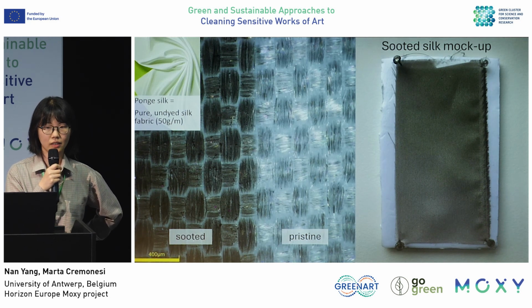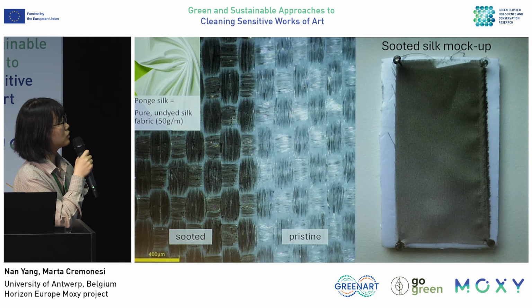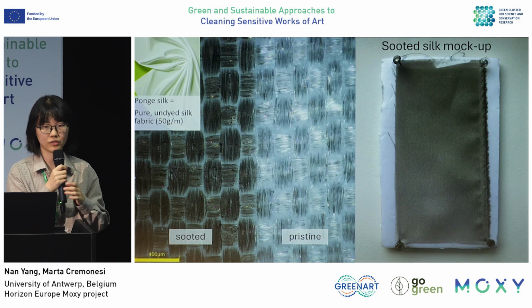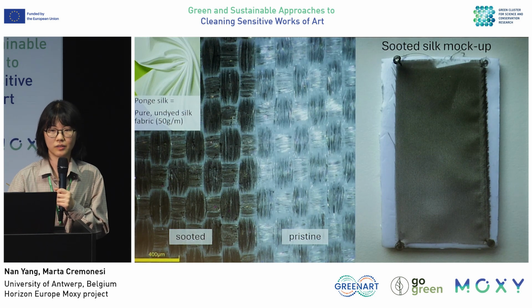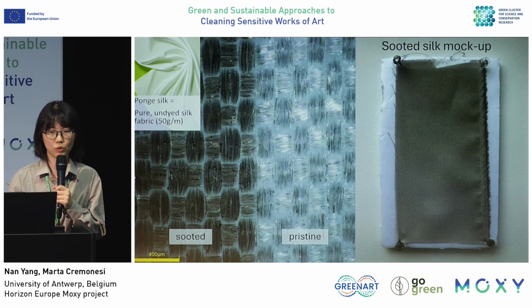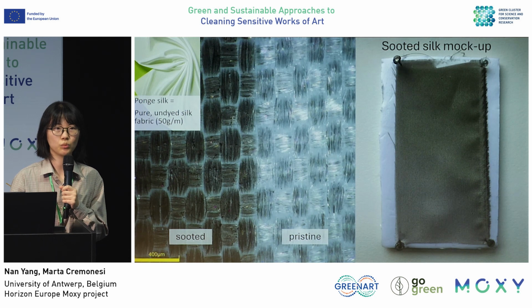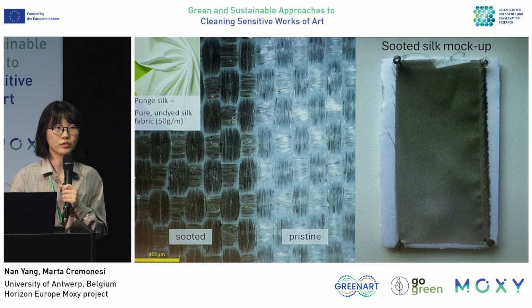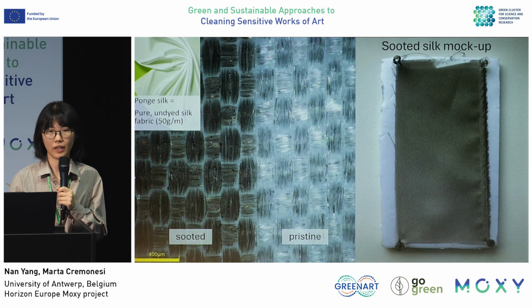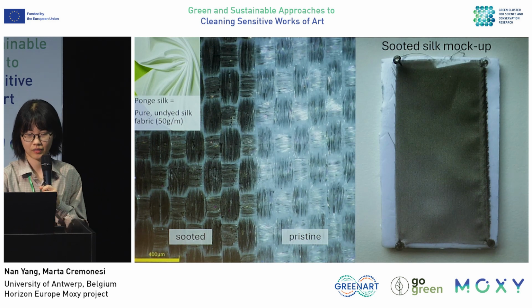It's undyed, and you can see clearly how it looks before and after the soot reproduction. I would say the whole sooting process is quite important to make a homogeneous soot distribution on the sample. Then after the cleaning process, we can evaluate the performance, whether with the AO or other cleaning method.